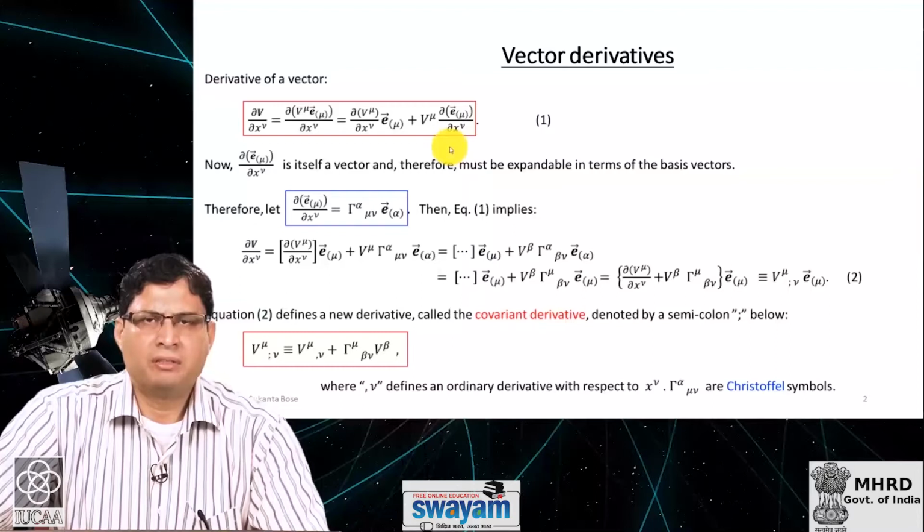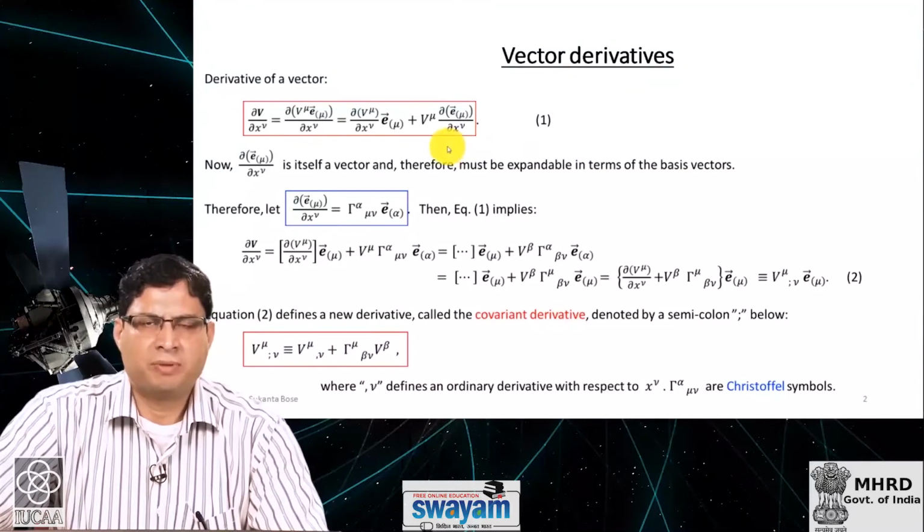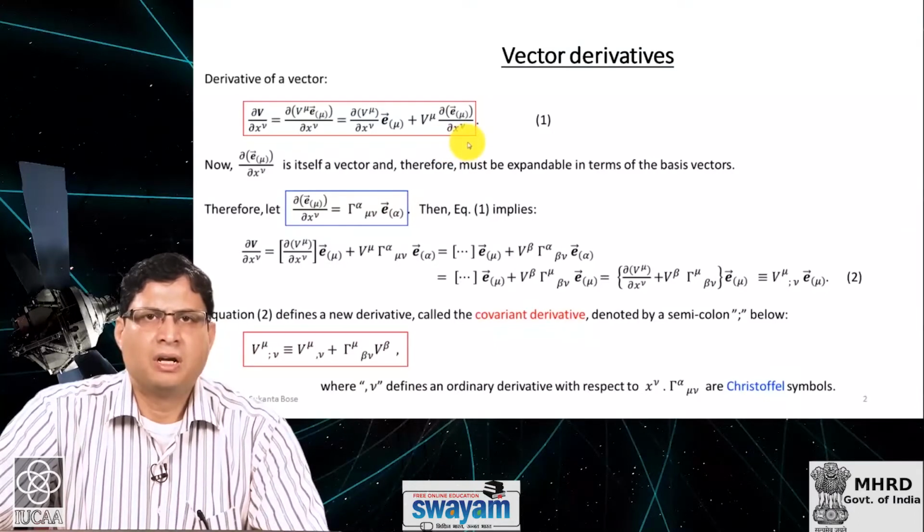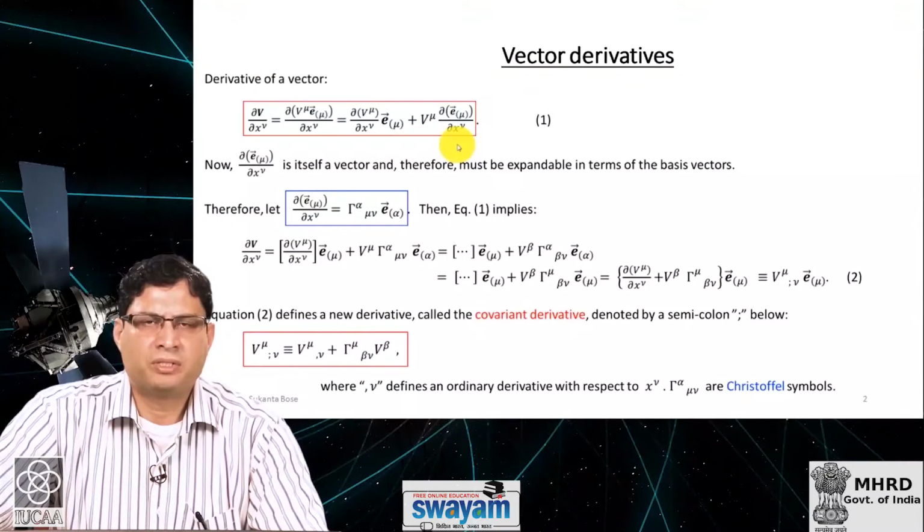However, even in flat space or flat space time, when we use curvilinear coordinates, this derivative of the basis vectors can be space-time dependent and not 0 identically, in which case we have to account for this second term as well. In curved space or curved space time, in general, this second term will contribute.